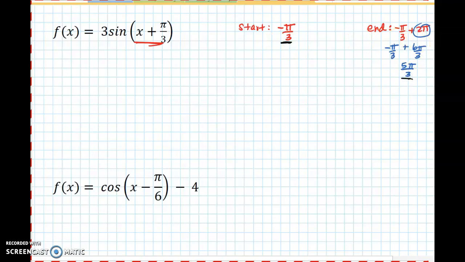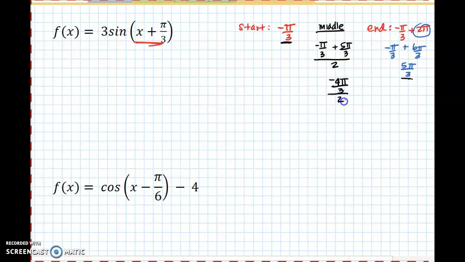So now we're going to find the middle of the starting and the ending. To find the middle, you just take the average, which is kind of hard because it seems scary. You're going to take 5 pi over 3 and negative pi over 3, add them up, and then divide by 2. That's the average. So you have negative 1 plus 5, which is negative 4.